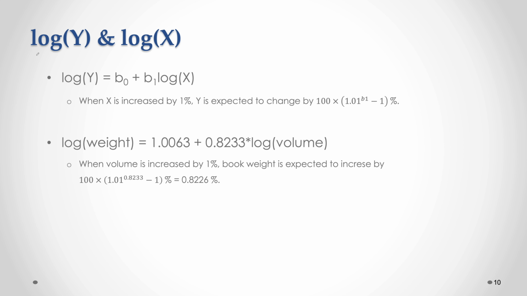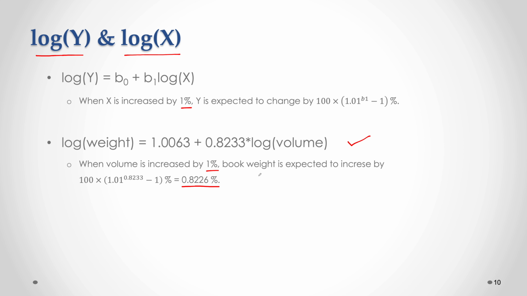Similarly, if we have log transformation for both y as well as x, we are going to say when x is increased by 1%, y is expected to change by 100 times 1.01 raised to b1 minus 1 percent. With this model, our interpretation will be when volume is increased by 1%, book weight is expected to increase by about 0.8226%. So slightly at a lower rate.